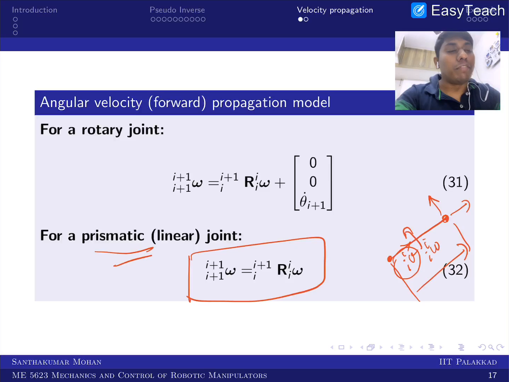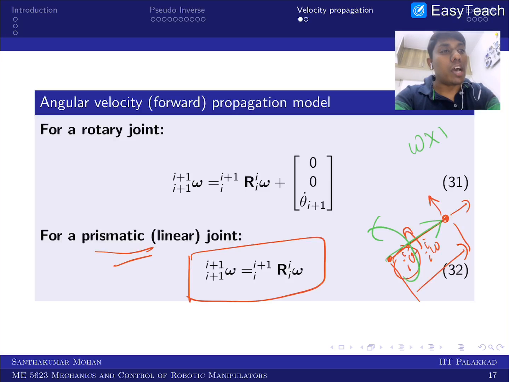This is rotating about the z-axis, and this is your position vector. So the position vector and the angular velocity give omega cross p. This is the position vector, this is the angular velocity vector, and the normal direction is the tangential velocity direction.